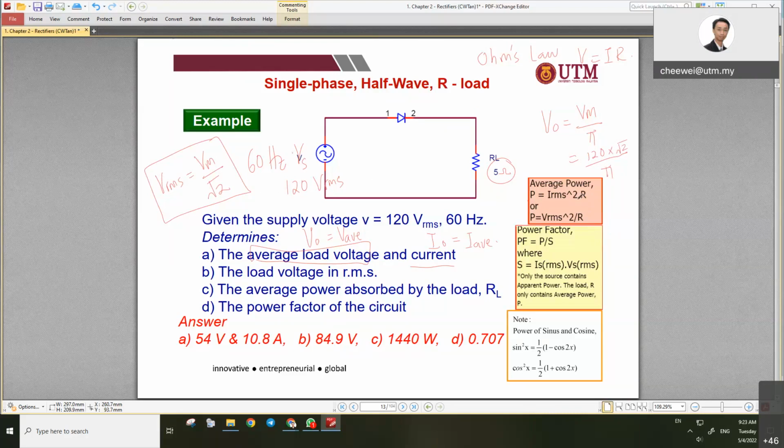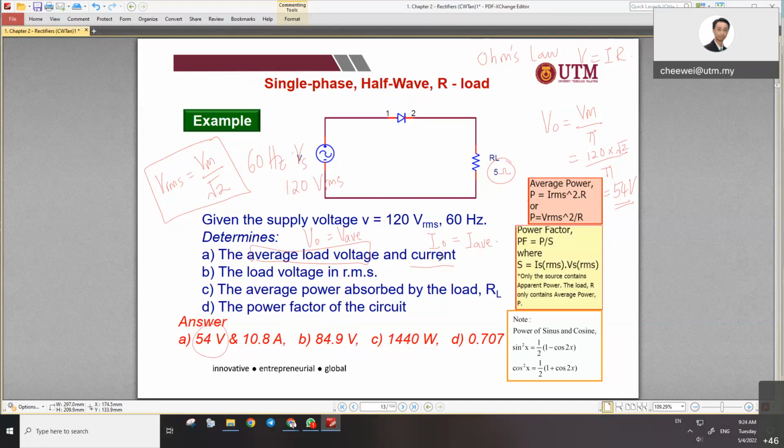Can you press your calculator? 120 times square root of 2, divided by pi. What do you get? 54.02. 54 what? What is the unit? Volt. So I am right, 54 volts. Okay, so this one is done.